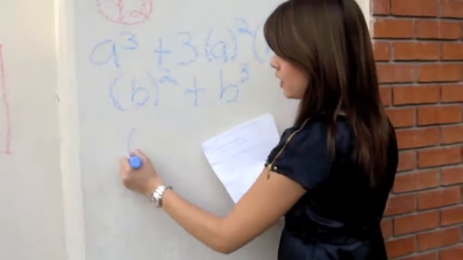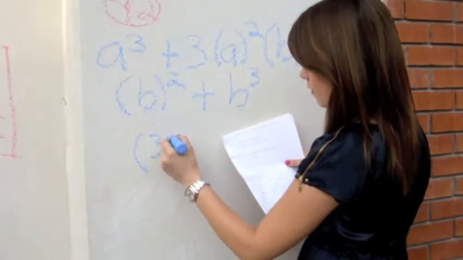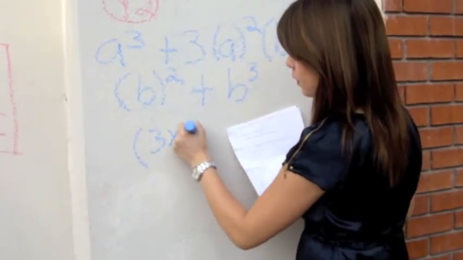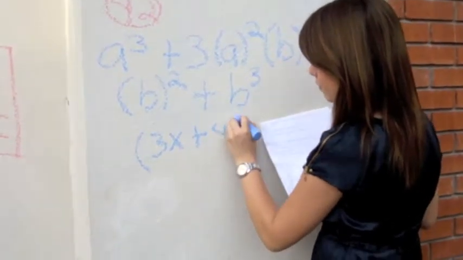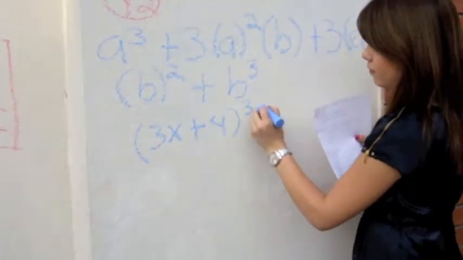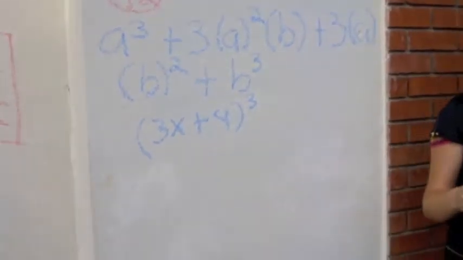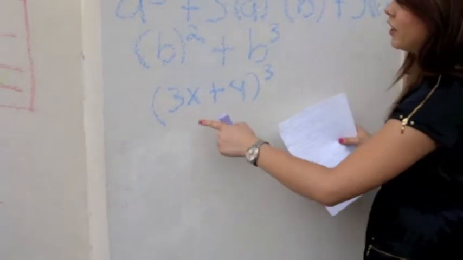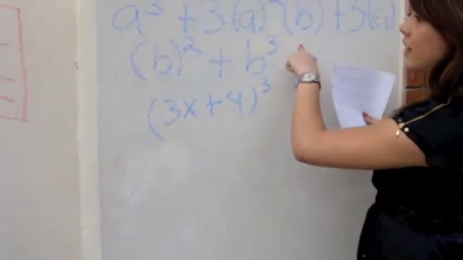So the problem is (3x + 4) cubed. Here we're going to substitute this in the formula.